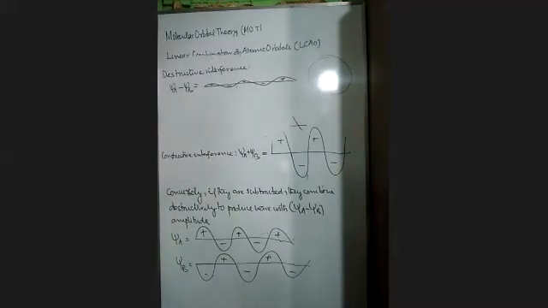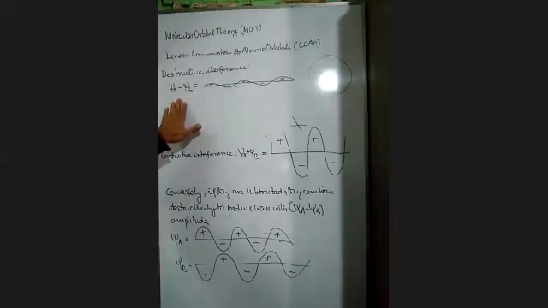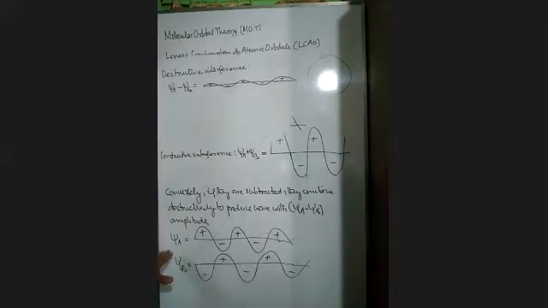Here I am doing only the amplitude, mind it, the wave function, not the molecular orbital or atomic orbital. Square of the amplitude gives the orbital. So the square of the constructive interference will be the bonding molecular orbital, and the square of the destructive interference will give you the antibonding molecular orbital.